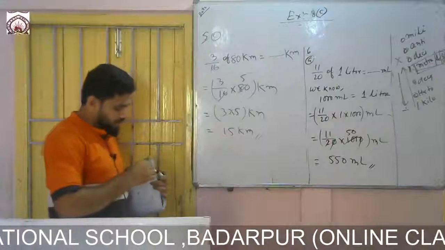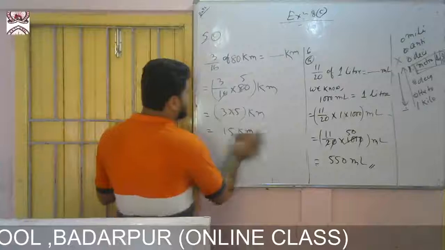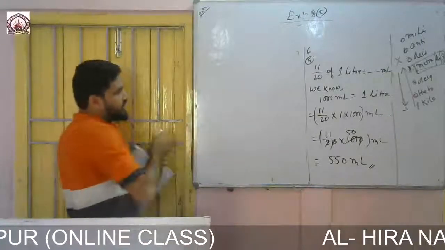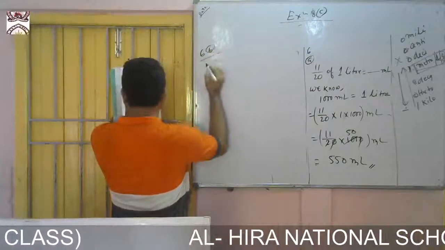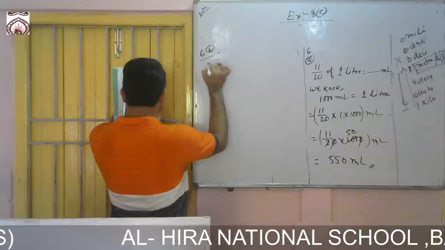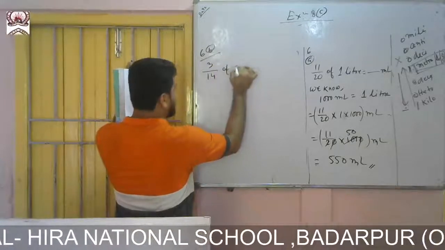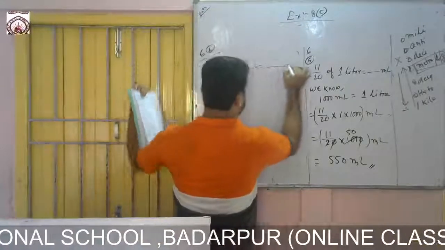Now come to question number 6B. 6B, what is there? 3 by 14 of 56 L. L means liter, equals to dash liter.